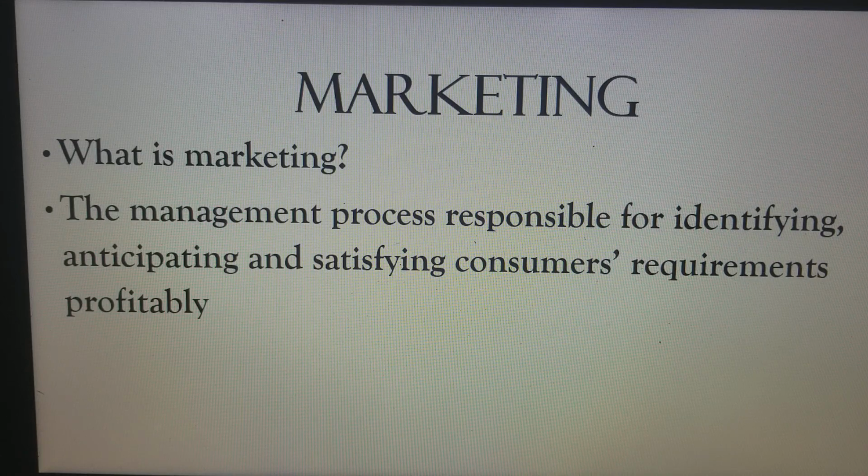So, it's a process of doing what? Identifying. Secondly, anticipating. Thirdly, satisfying consumers' requirements. So you identify, anticipate, and satisfy consumer requirements.